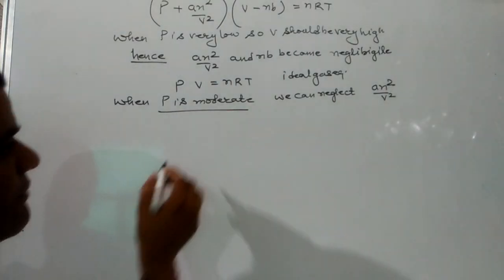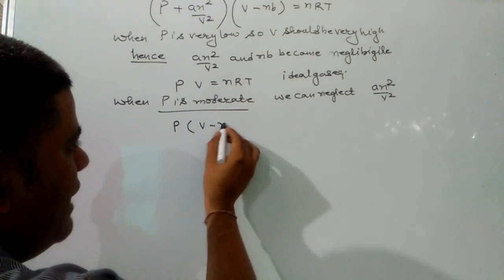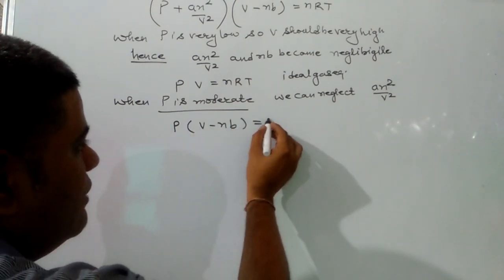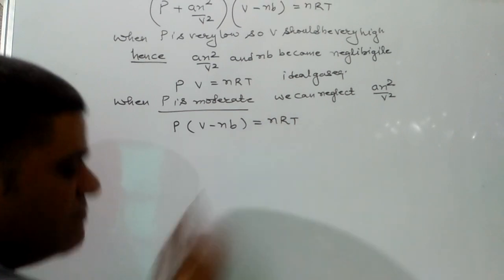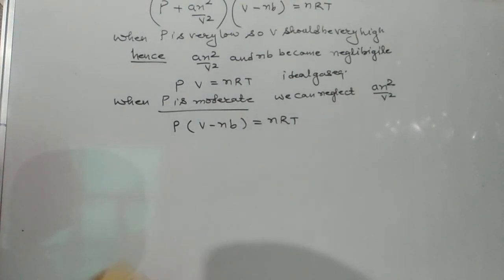Hence, the equation comes out to be P into (V minus nb) is equal to nRT. We can neglect an square over V square.